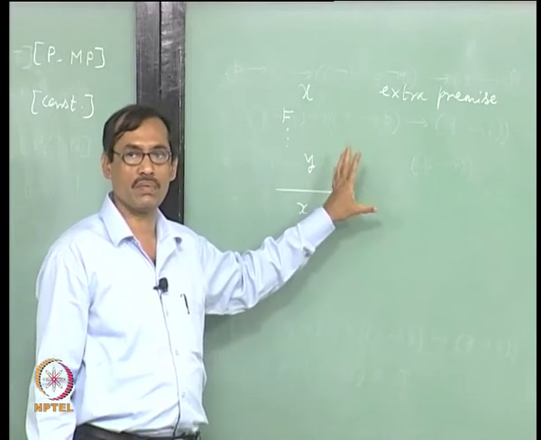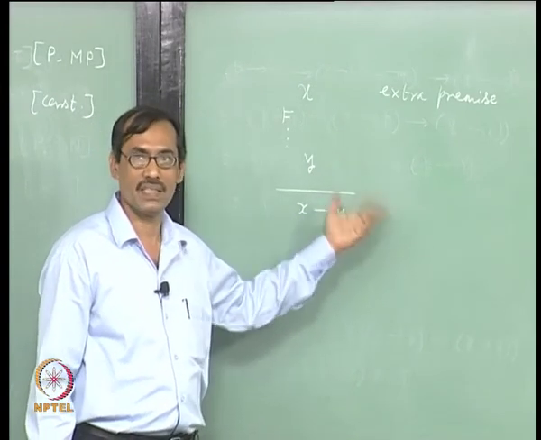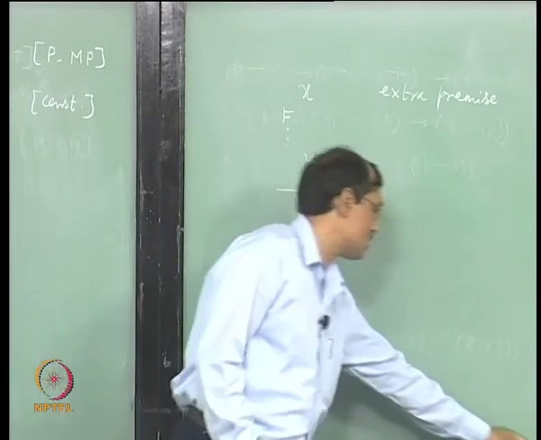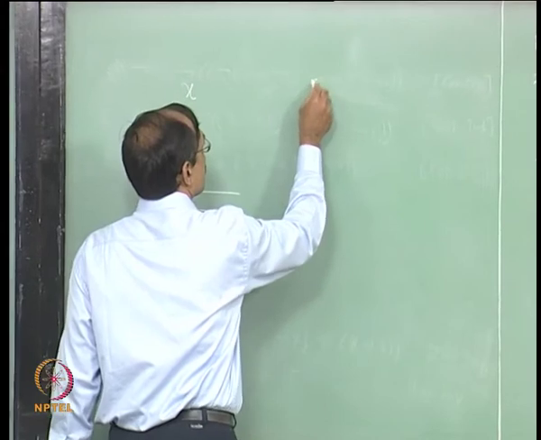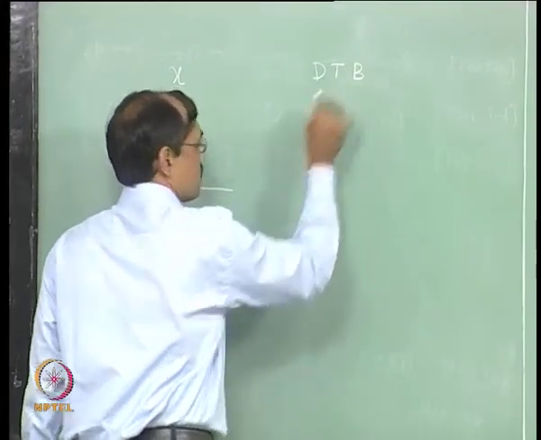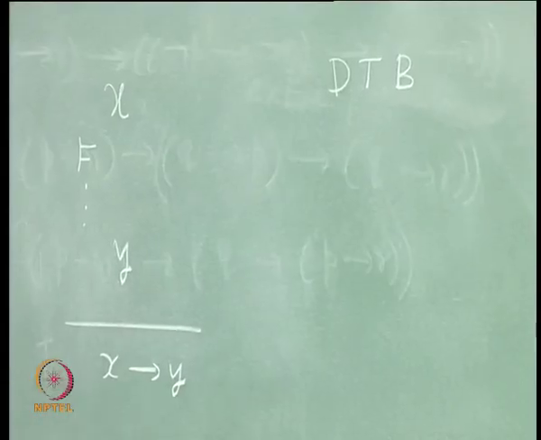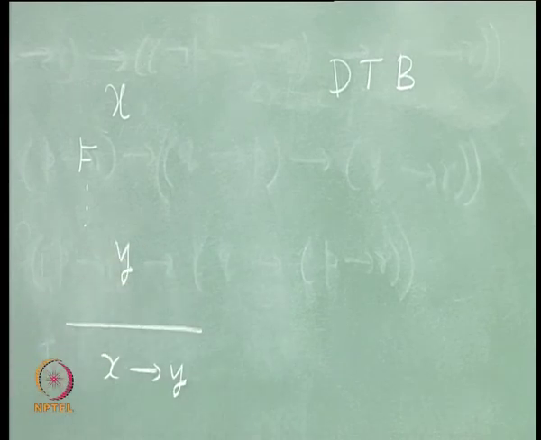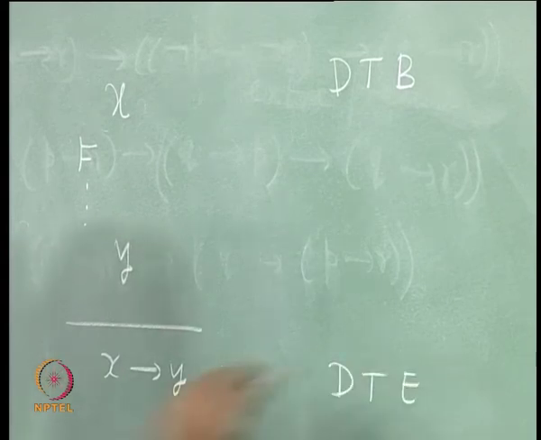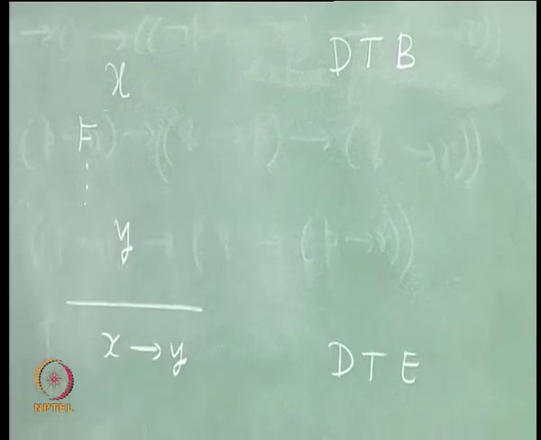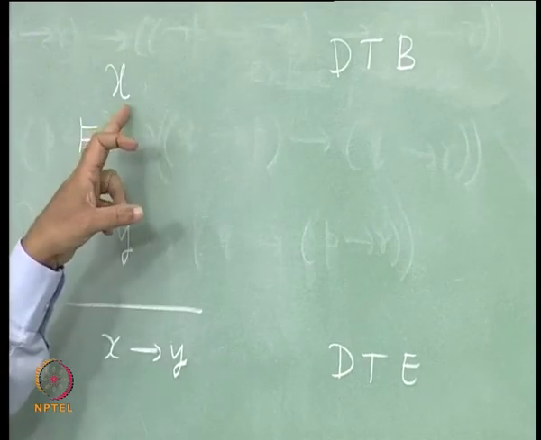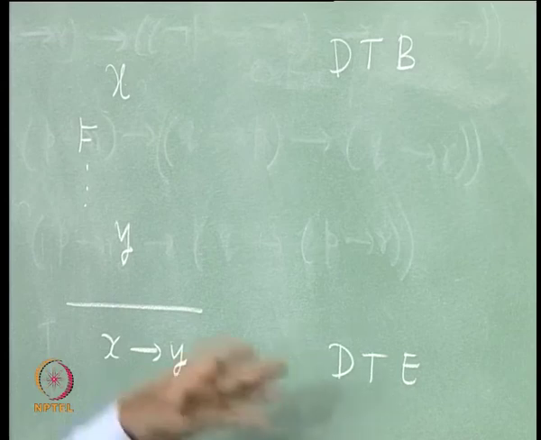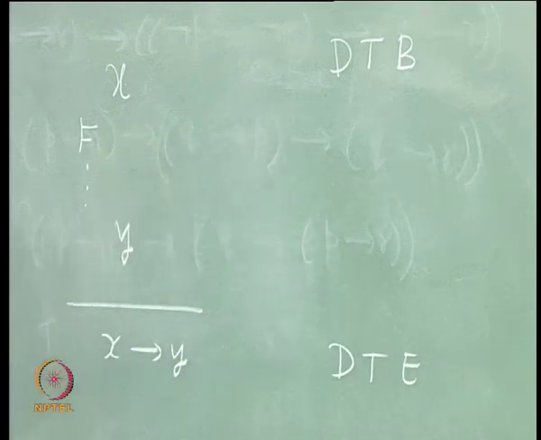So, these two things we have to write in some way. When we take this extra premise, we will write deduction theorem begins. So, here we are using the deduction theorem starting, then when we end it we will write deduction theorem ends. It will tell us that inside this we have used deduction theorem with this as the extra premise, then have concluded this by taking away that extra premise.